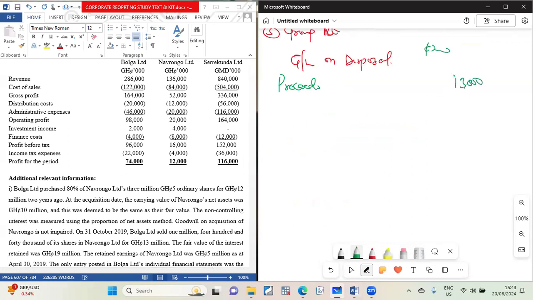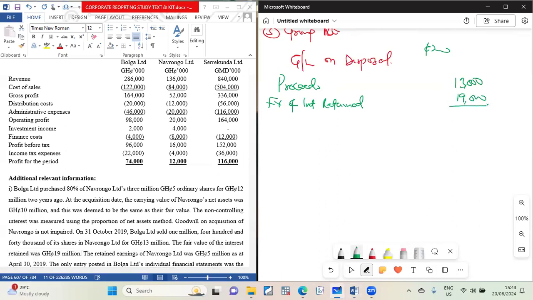He didn't sell everything, so what is the fair value of the part retained? The fair value of interest retained, this is the group's interest retained. The question said that the fair value of the retained interest is 19 million. So we have 19 million.